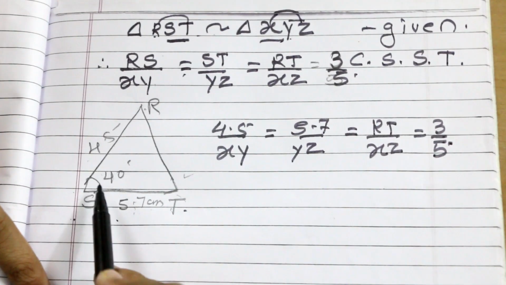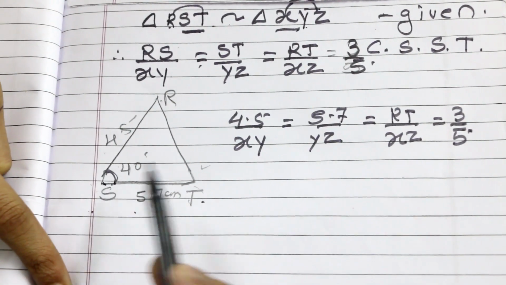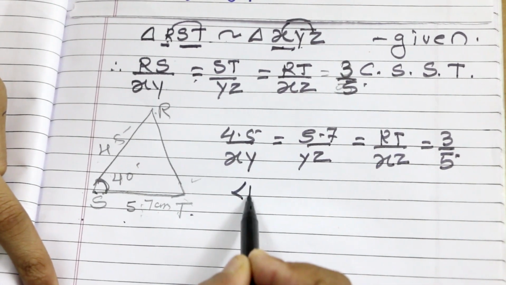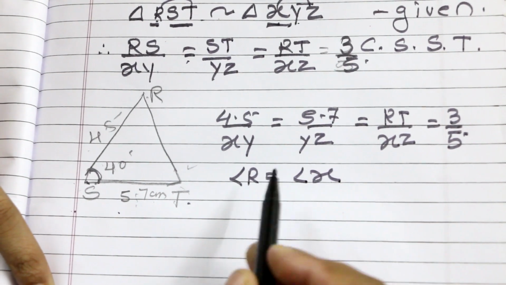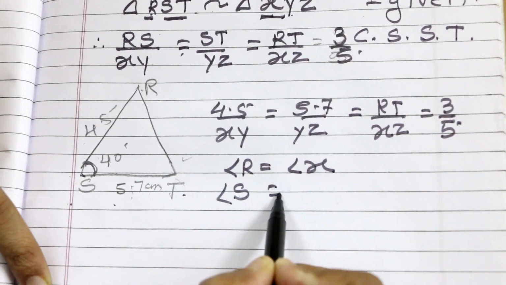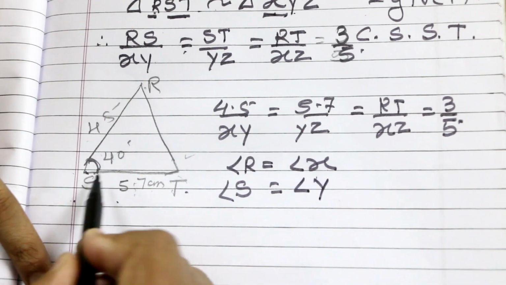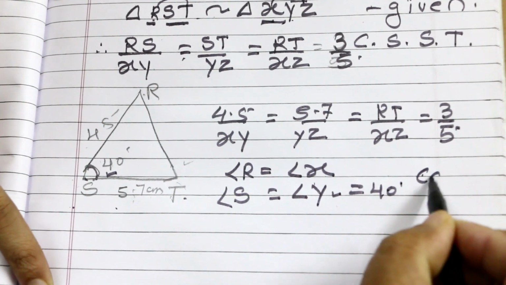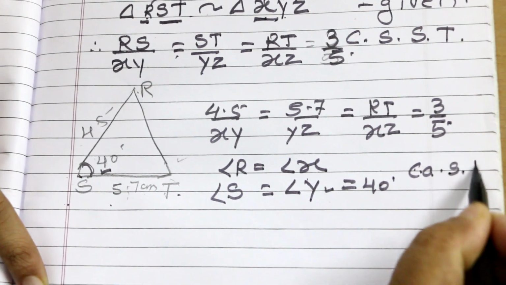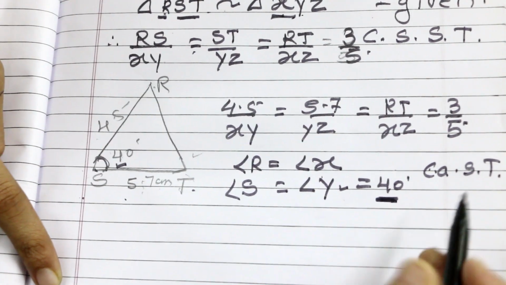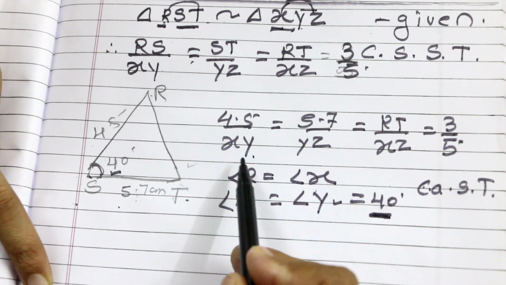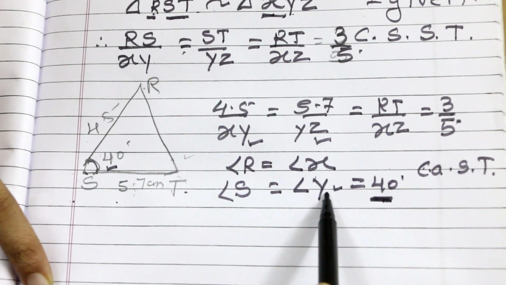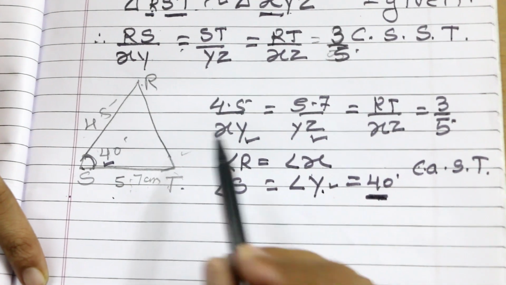But one angle is given, 40 degrees, angle S. So we know angle R is equal to angle X, and angle S is equal to angle Y, which is equal to 40 degrees. The reason is corresponding angles of similar triangles. I will be using this and finding the values of XY and YZ and this angle Y, and then we can construct triangle XYZ.